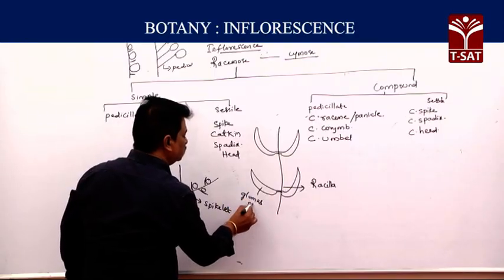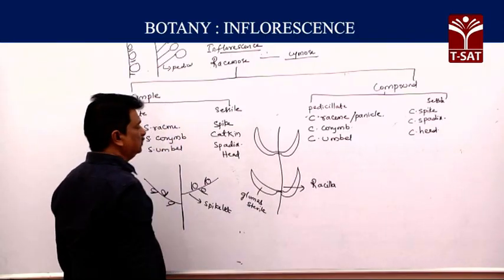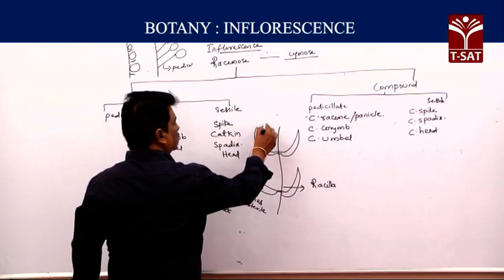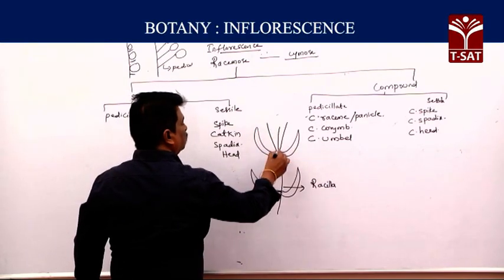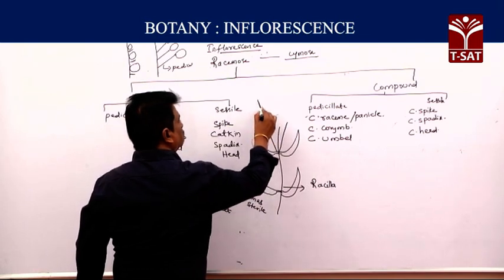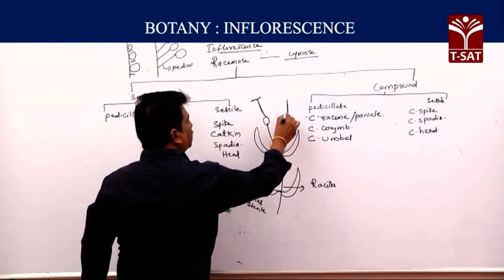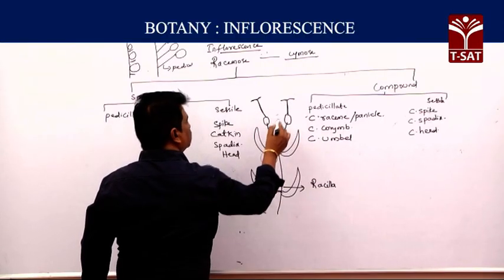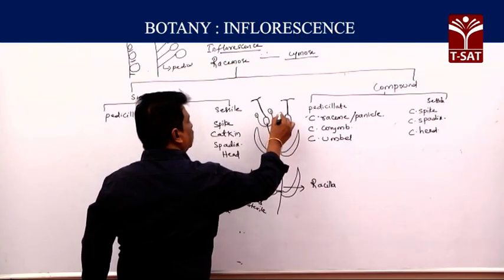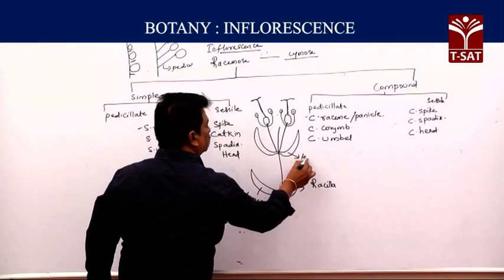Generally, lower glumes are sterile because their axils are without flowers, and upper glumes are fertile because their axils contain flowers. So upper glumes are called fertile. These fertile glumes are called lemma.